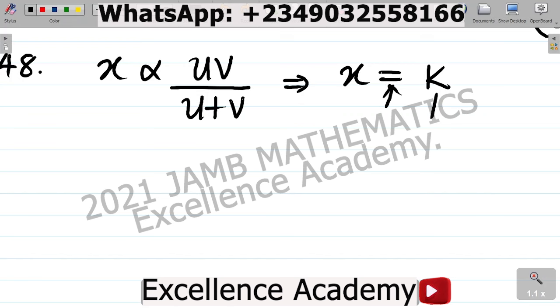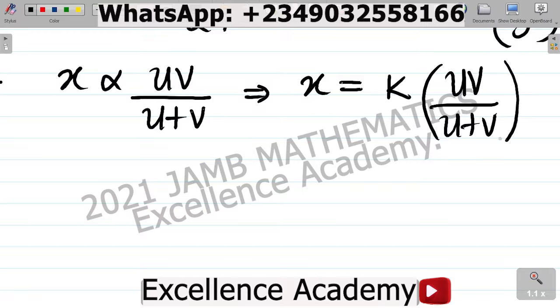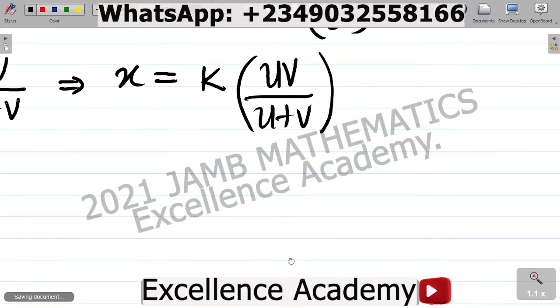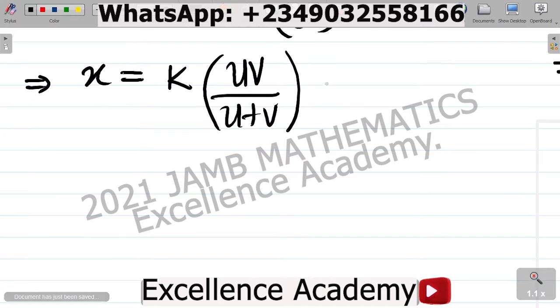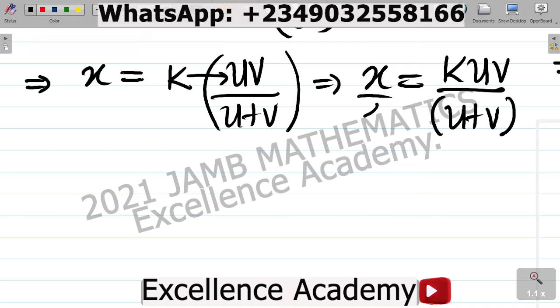So equal to k into what I have here, which is UV all over U plus V. So we have that X is equal to k UV all over U plus V. From here, if I cross multiply, this is all over 1.